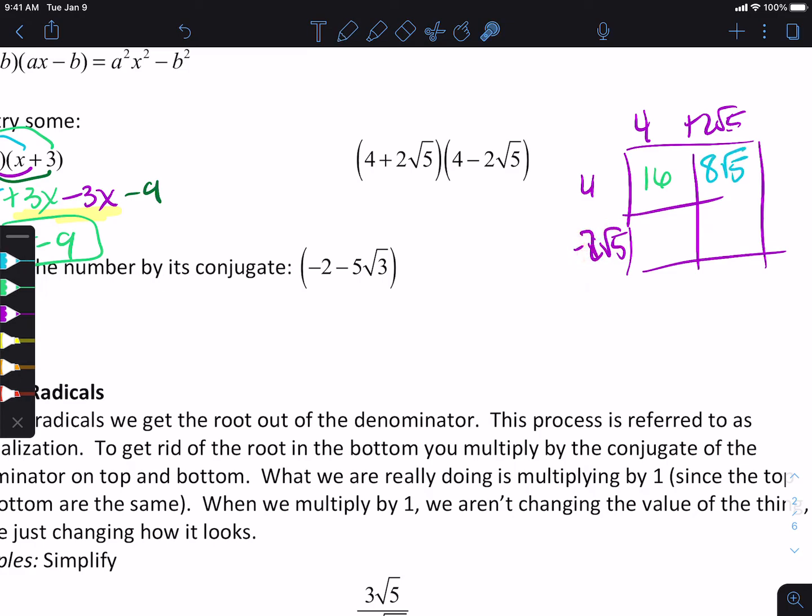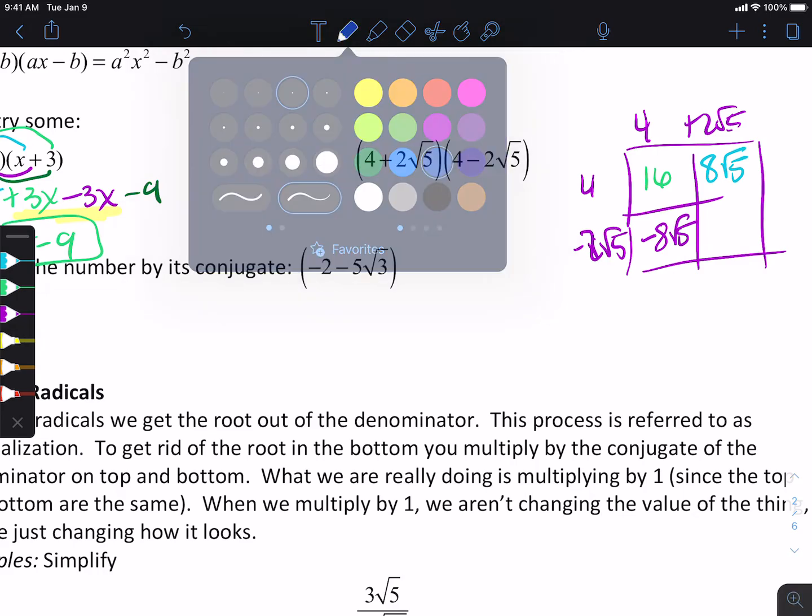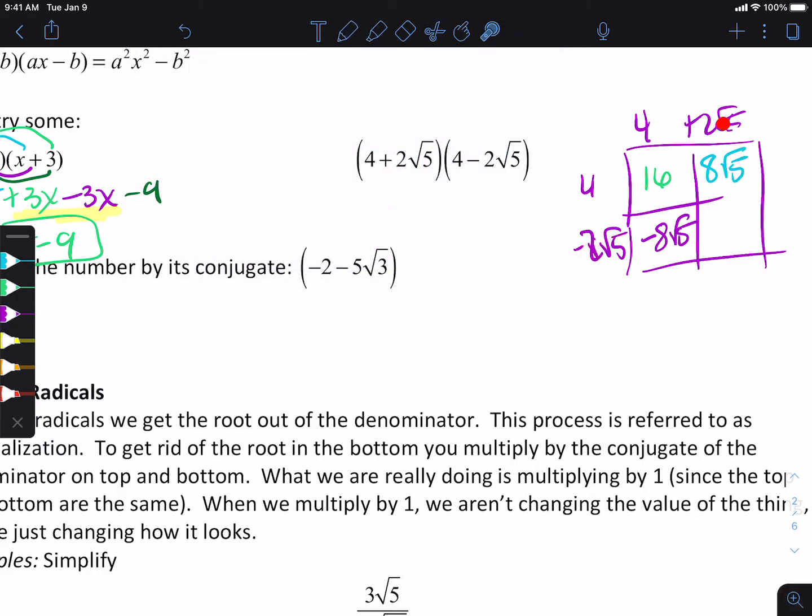On this one we do the negative 2 root 5 times 4, so the negative 2 times the 4 is negative 8, and then keep the root. And then the negative 2 root 5 times the 2 root 5, so we multiply the negative 2 times 2, which is negative 4. Root 5 times root 5 is just 5, or if you take the pair out and it goes outside, so we have 4 times 5.